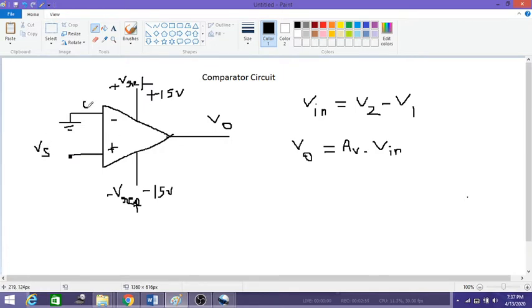So the voltage at the terminal V1 is equal to 0, and here we are getting Vs, which might be 2 volts, 3 volts, anything. So now V2 is equal to Vs, and V1 is equal to 0.